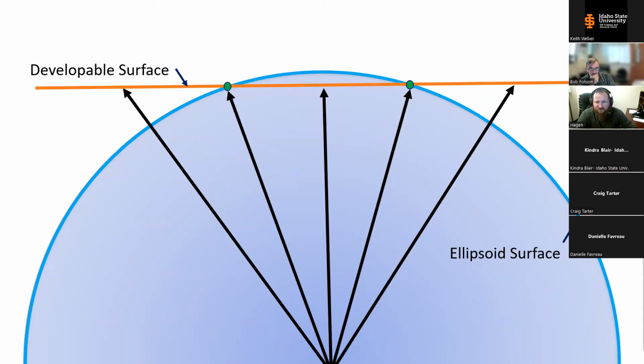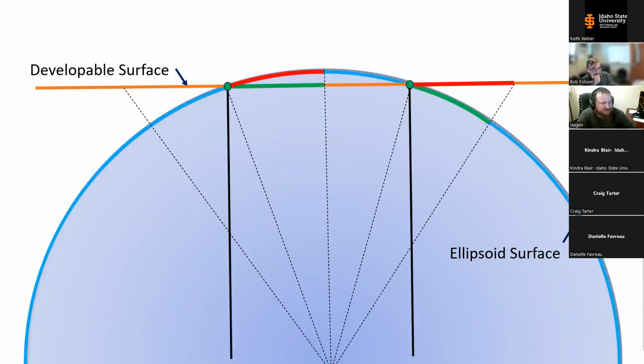If you look at this one, you should notice that when you're looking at the area inside of the 2 points of intersection with the ellipsoid surface, the distance along the curve has to be longer than the distance along the plane. The curved surface is reduced or compressed in order to fit on the plane.